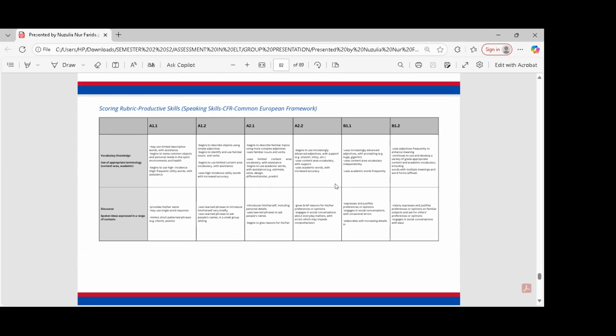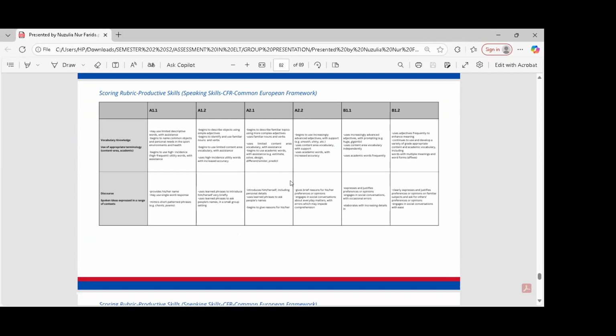Yeah, so here is the scoring rubric for grammar, pronunciation, and vocab that is based on the CEFR, the Common European Framework of Reference scoring rubric.